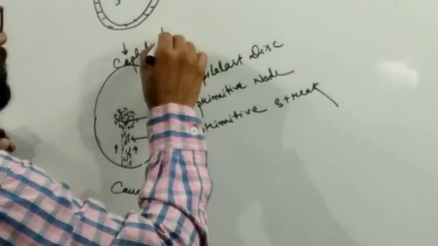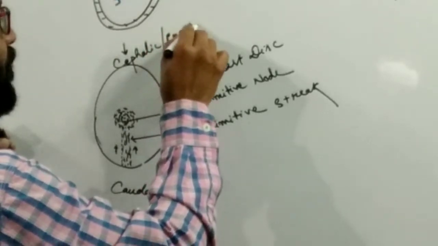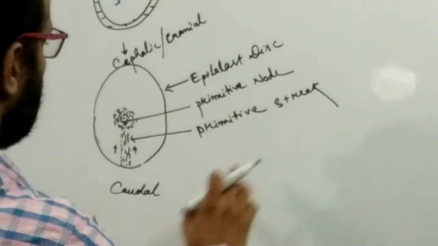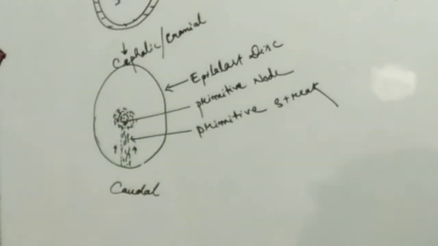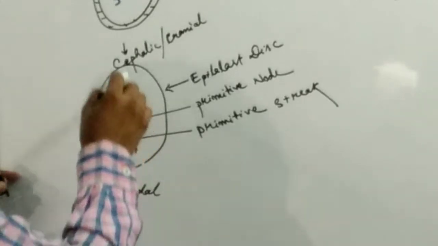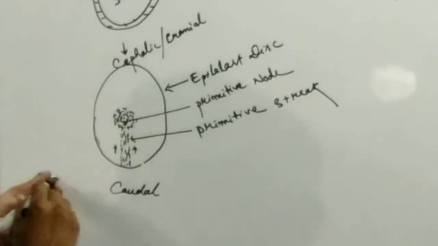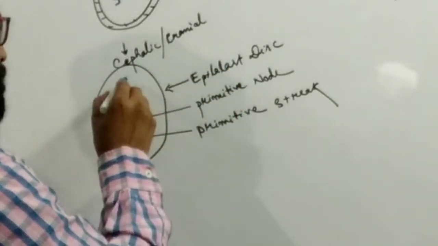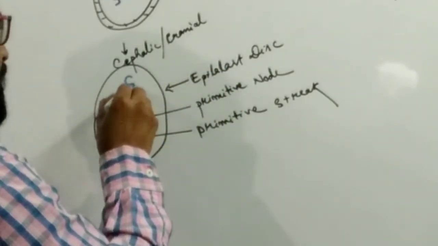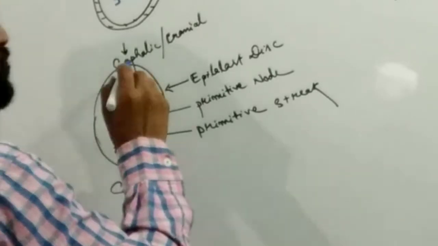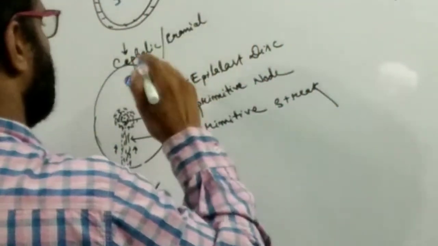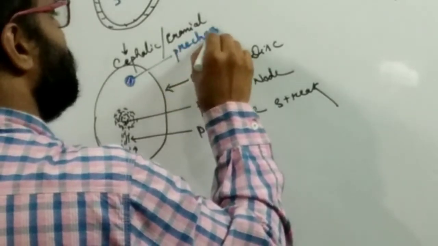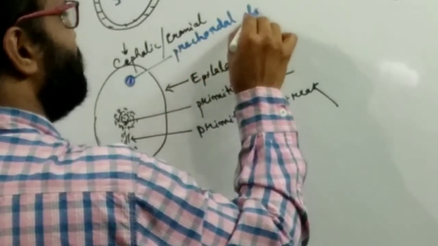The cephalic region, or cranial region. So the formation of the primitive streak shows the axis of the body, and there is another plate on the epiblast disc, which is also present in the hypoblast, known as the precaudal plate.